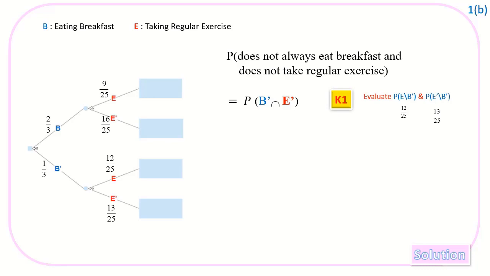We give K1 marks for this. Then we choose the branch with the probability of event B prime intersect E prime, so you will get the answer 13 over 75. We give you J1 here.